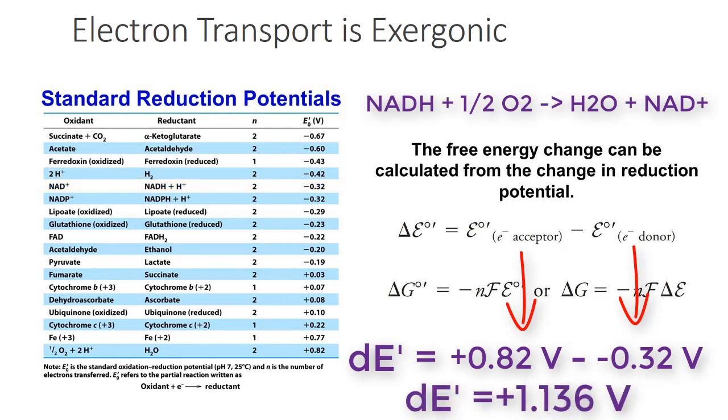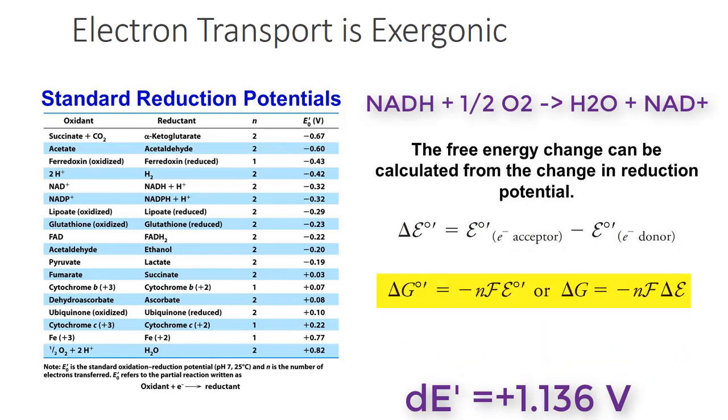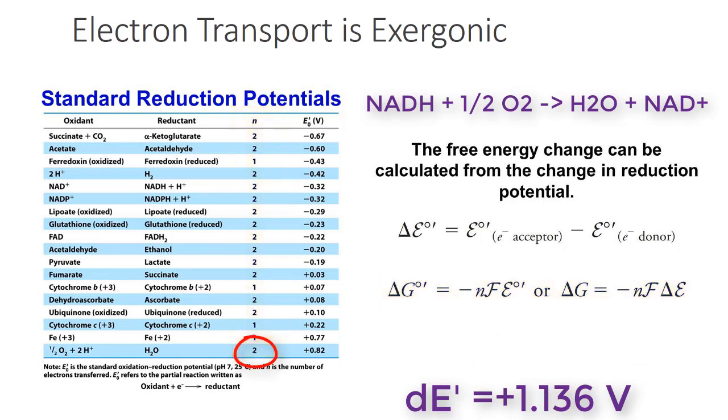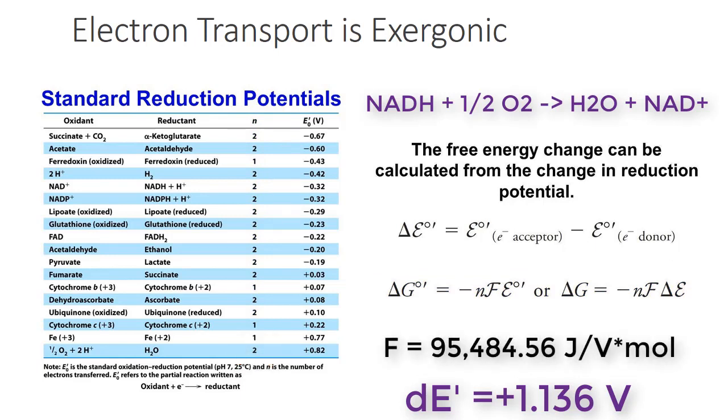1.136 for delta E. We can then calculate delta G using the Nernst equation, where n is equal to the number of electrons transferred, in this case 2 electrons, and F is a constant, and it describes the charge on 1 mole of electrons as 95,484.56 joules per volt mole.